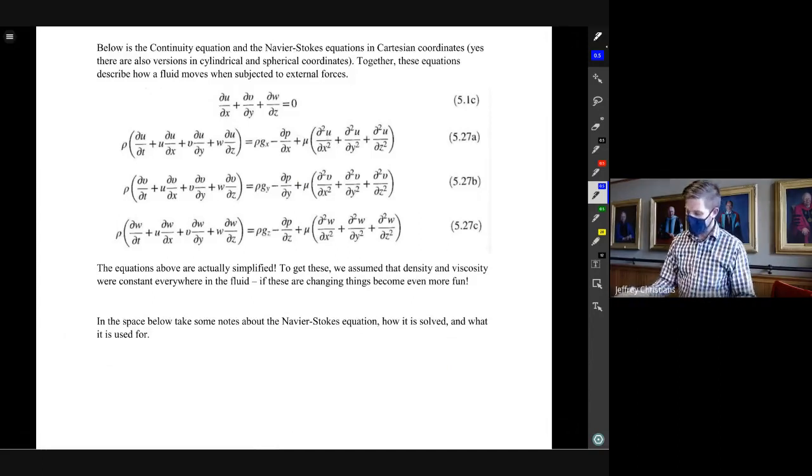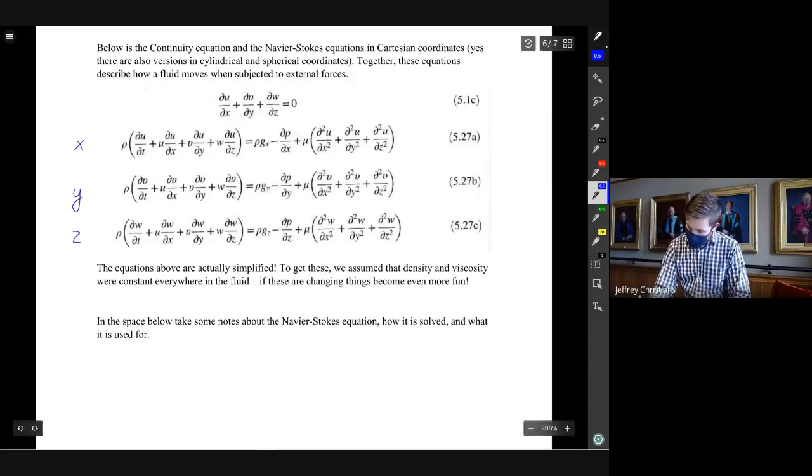We have a component up top, this is the x dimension. This is MA equals F, how they have it written, instead of F equals MA. Same equation. This is the X, this is the Y, that's the Z direction.